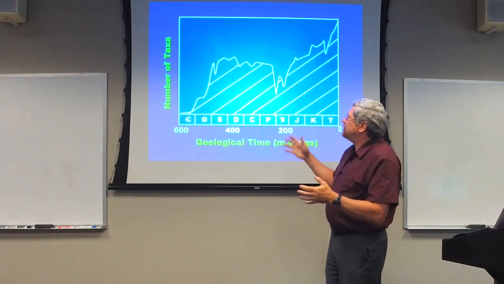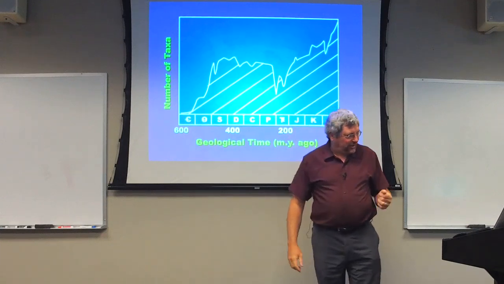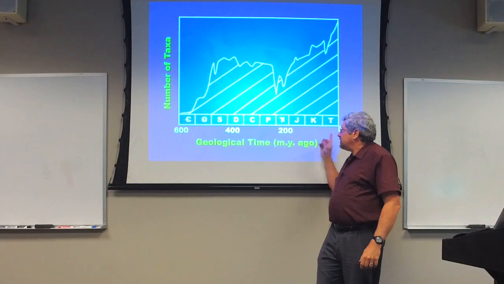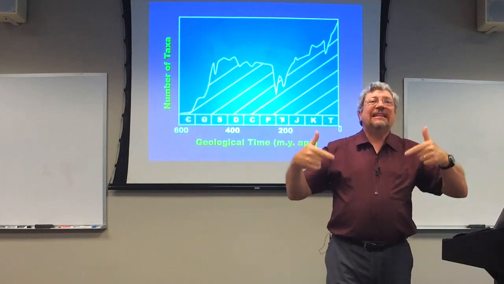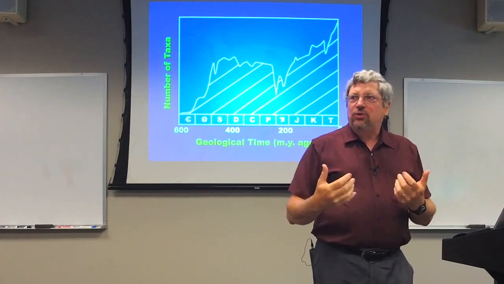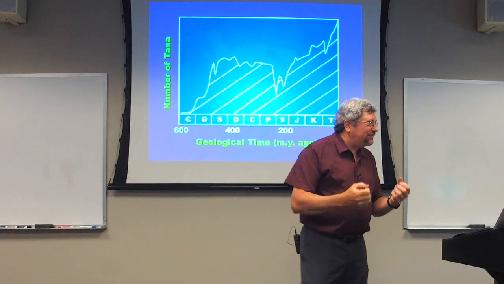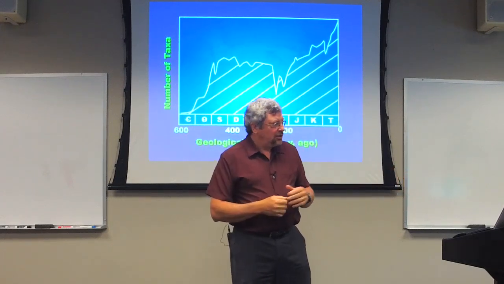So overall, this is a diversity diagram as a function of time. And of course, the conventional dates are here on the bottom. It's from this curve that we can then estimate the true density or the expected completeness of the fossil record.